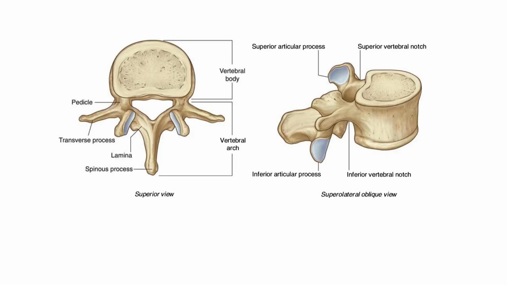On the lateral side, we have two transverse processes, which project posterolaterally from the arch, and they have articulation with ribs only in thoracic vertebrae. On the other side, we have the superior articular process and inferior articular process, which are responsible for attachment with other vertebrae.